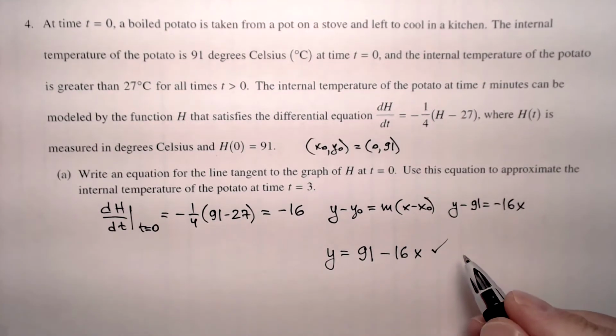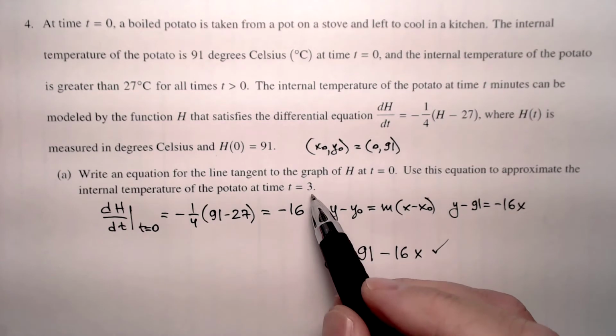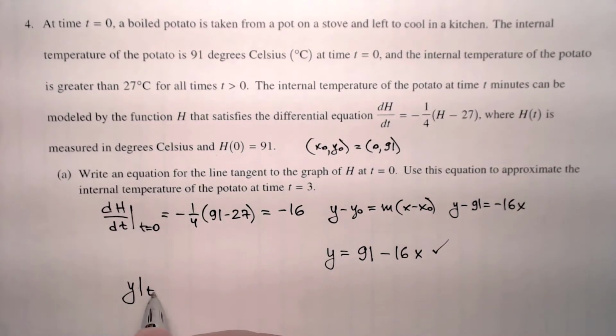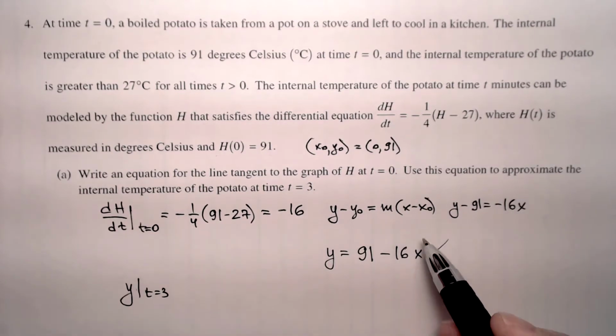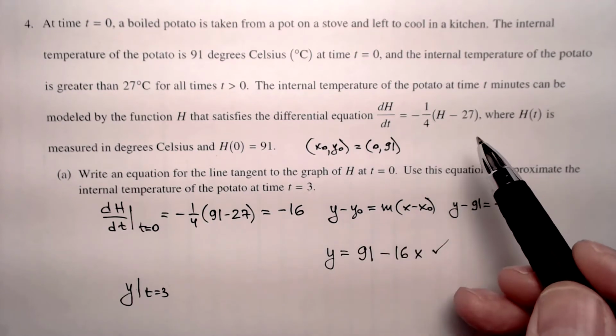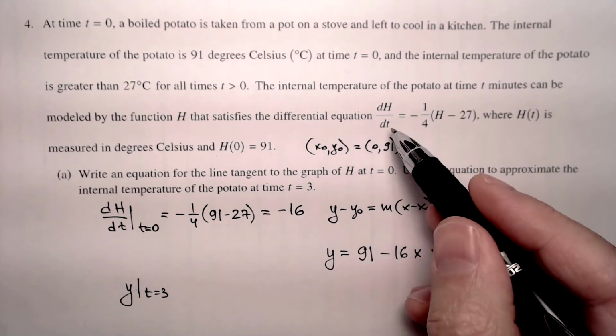And so to approximate it, we need to then plug in, instead of x, 3. So we get that y at time t equals 3, and I'm using x and t interchangeably here, and y and h. So this is really, instead of y should be h, and instead of x should be t.